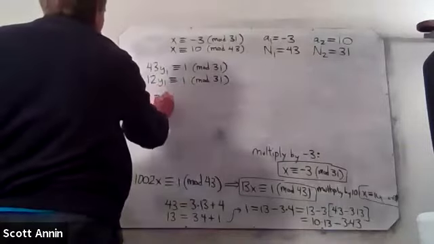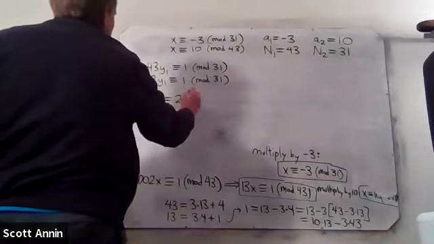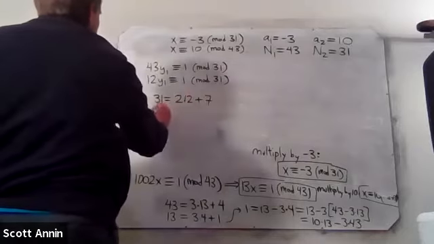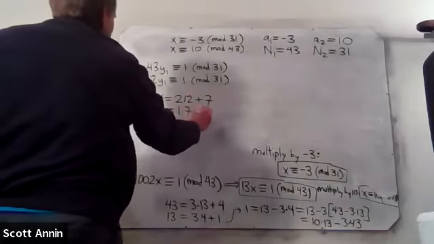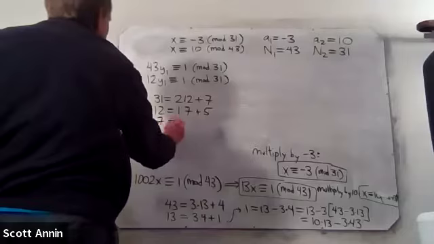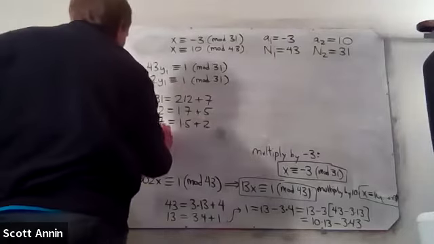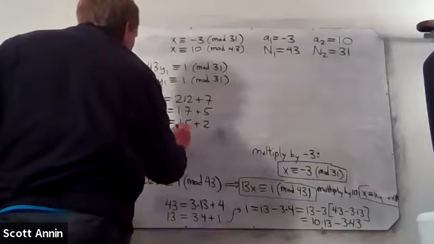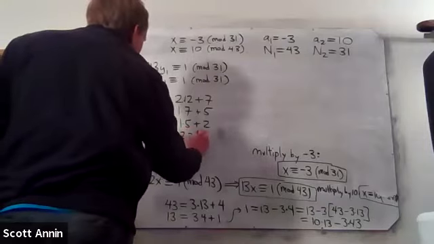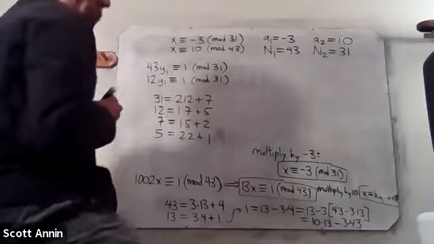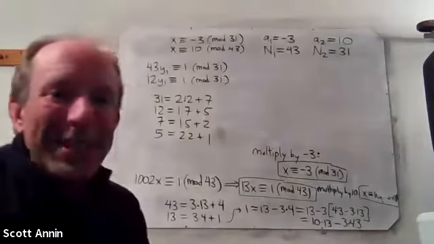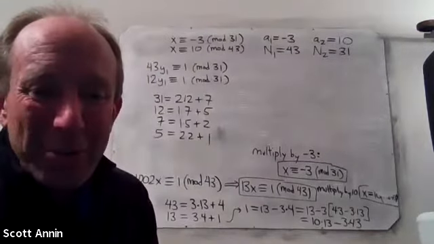If I take 31 and I divide it into 12, it goes 2 times with a remainder of 7. 12 divides into 7 1 time with a remainder of 5. 7 divides into 5 1 time with a remainder of 2. 5 divides into 2 times with a remainder of 1. Wow, that's 4 steps that we now have to run backwards.